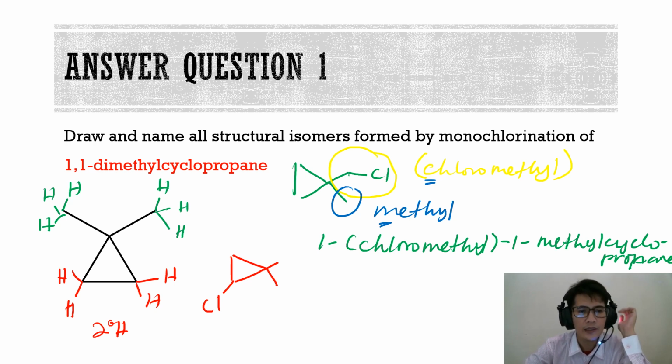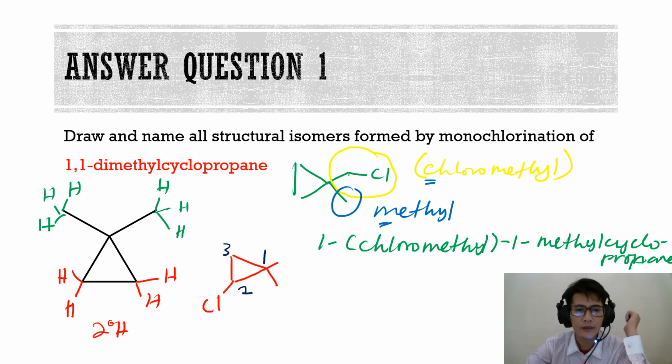Okay, how about the red color? Okay, this one macam hampir sama dengan yang kita bincang in the previous compound. Tapi menariknya dekat sini, the numbering is different. Okay, kalau tadi we start the first carbon from the carbon that attached to the chlorine atom, but this time you need to assign the first carbon that attached to methyl group. Okay, and the chlorine is carbon number 2 and nothing is carbon number 3.